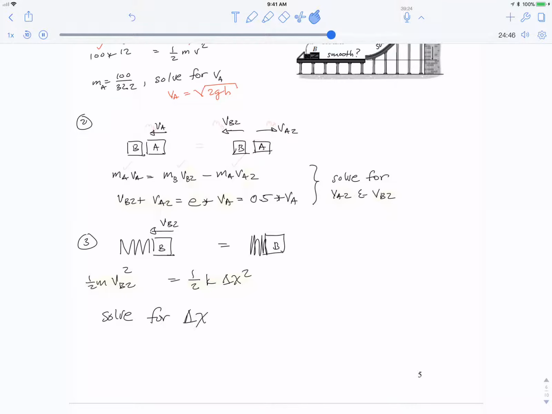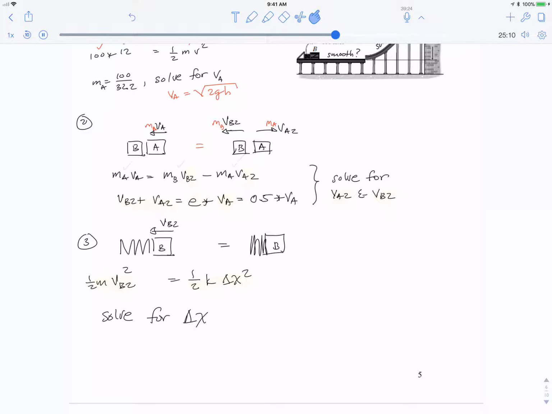Now it's the momentum impact problem. And so momentum is conserved in an impact. And so I've drawn before and after in terms of momentum. Let me write the mass in there. So the momentum before equals the momentum afterwards.